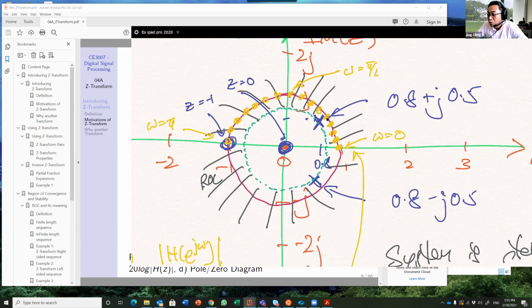The nearer we are to the pole, the larger the output value is. So as we are nearest to the pole at this point, the output will be very big. And then the further we go from the pole, it becomes smaller and smaller. And in fact, when we touch a zero, the output is zero.